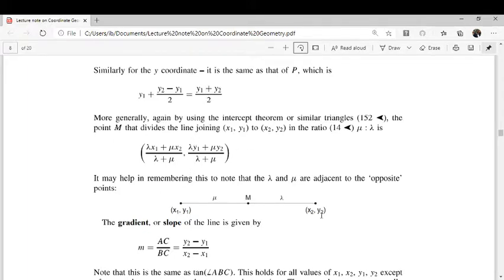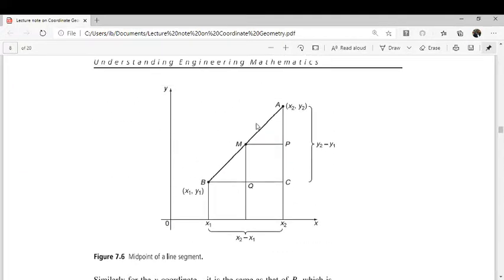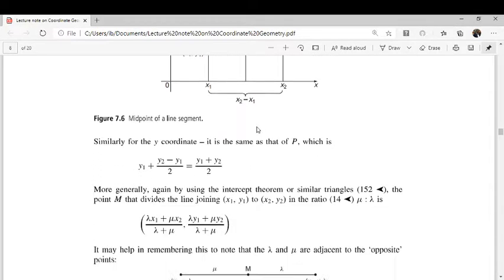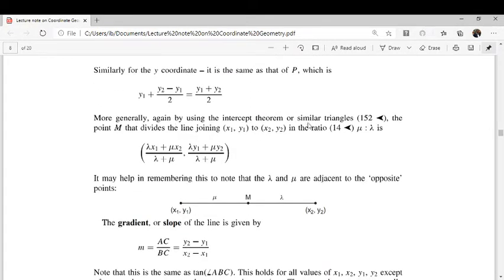Now, in a case where you have that midpoint, it divides the line equally. But when you start dividing, sometimes you have a situation where it's being divided in a ratio. Assuming this is A, this is your B. Then with the coordinates, M wants to divide this line into a ratio mu to lambda.